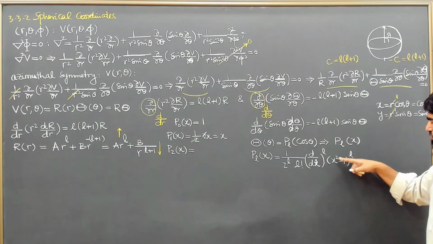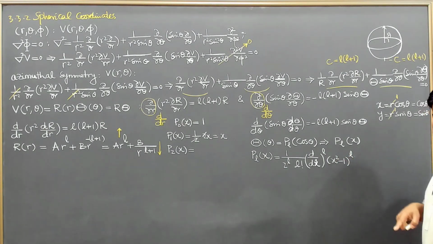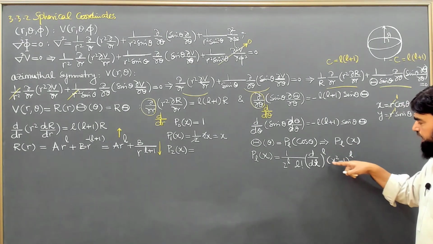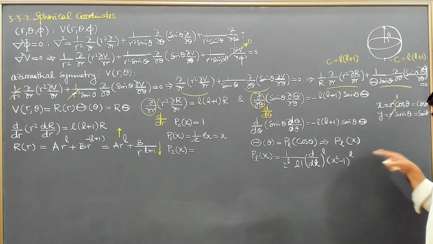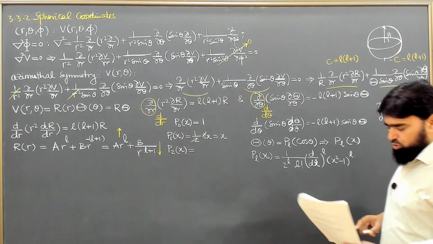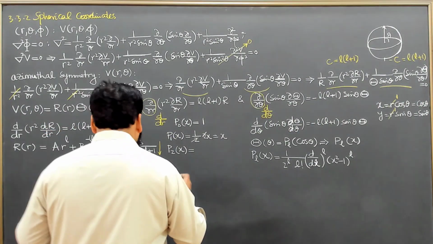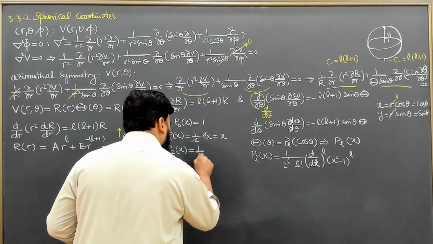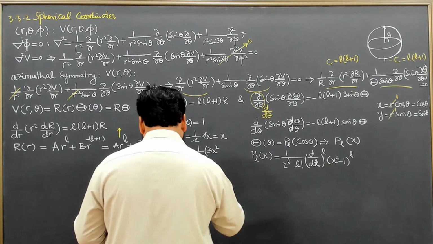So we will have to first calculate the power 2, and then calculate this derivative. Or we just do 2 here, then x square minus 1 will come, 2 minus 1, and then of the x square we have 2x. So both ways we can calculate, and we will see that this one comes out to be half of 3x square minus 1.